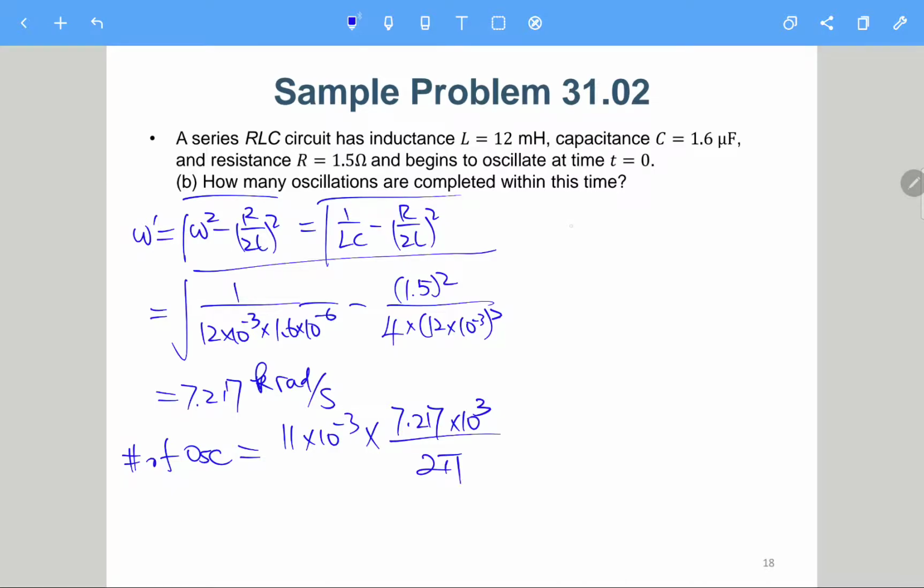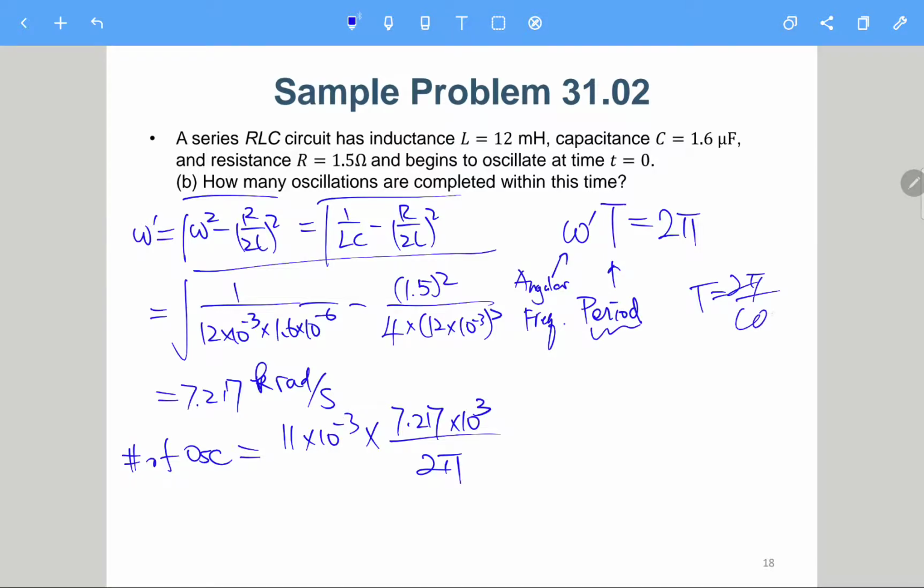Because omega prime times T should be 2 pi. This is the angular frequency of the oscillation. This is the period. So T will be 2 pi over omega prime.